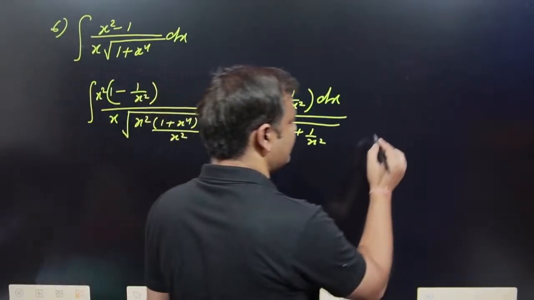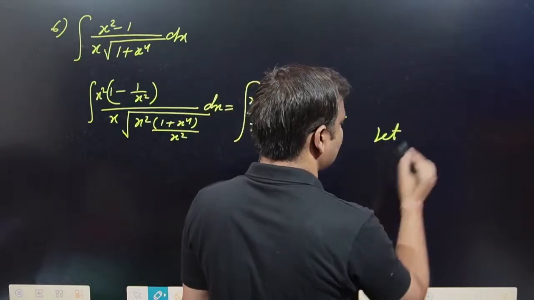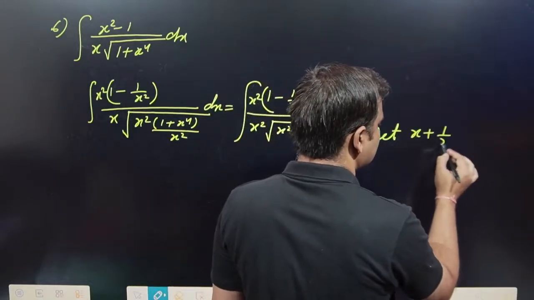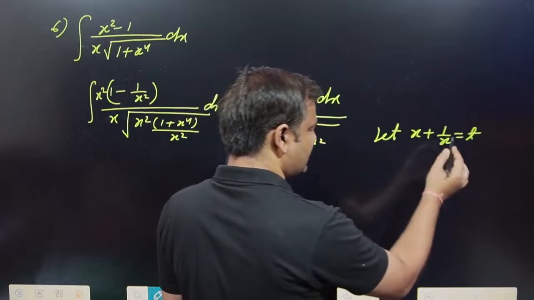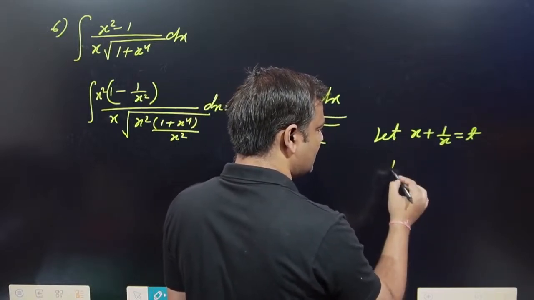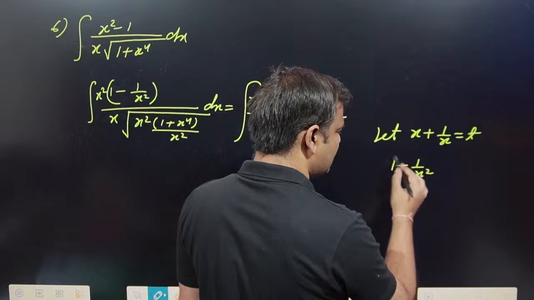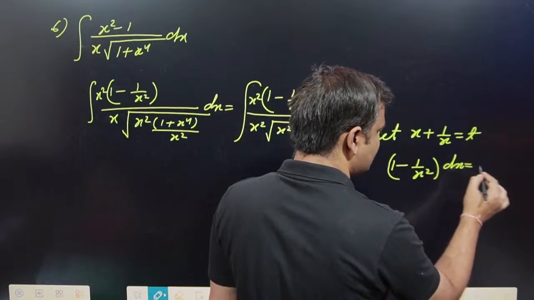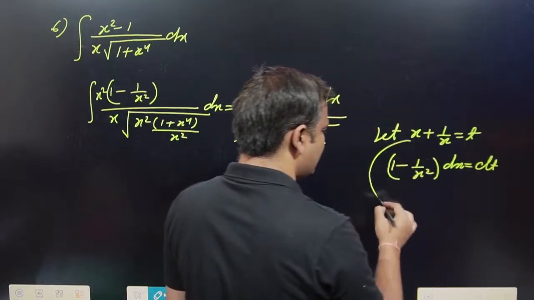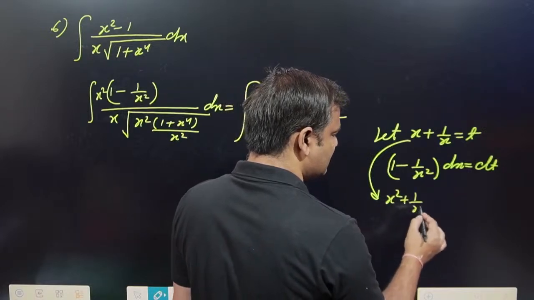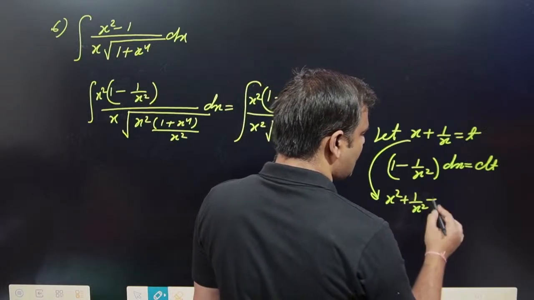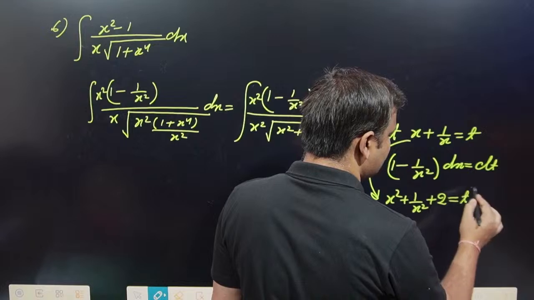Now I know that if x plus 1 by x is taken as t, differentiating both sides we get 1 minus 1 by x square dx replaced by dt. Squaring both sides, we get x square plus 1 by x square plus 2 equal to t square.